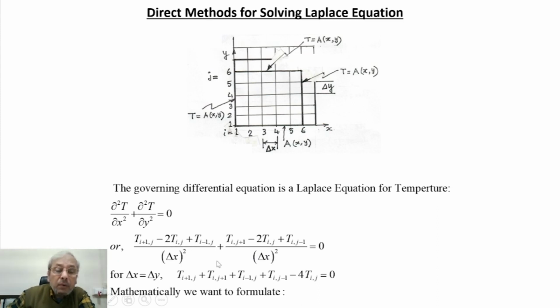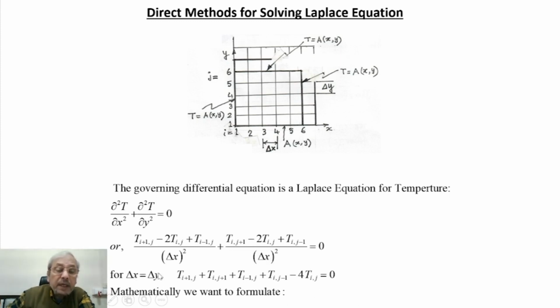Since delta x equal to delta y, which we have already substituted, we can write this term as delta x square, although ideally, as I mentioned, since this is central differencing in the y direction, this is delta y square.